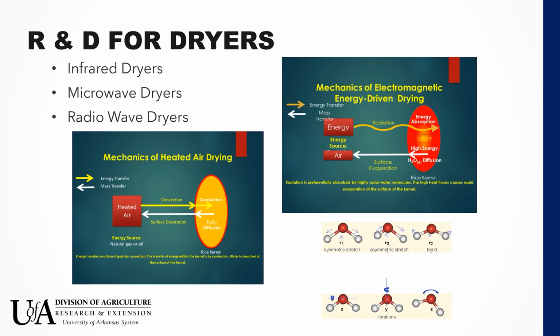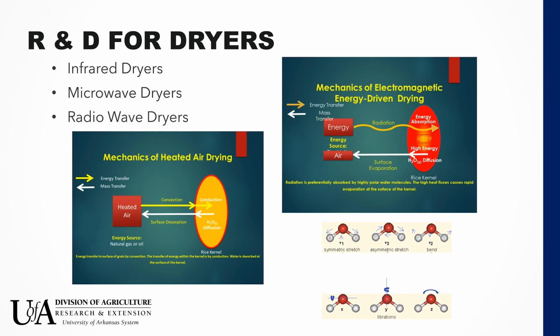We also want to combat things like development of mycotoxins by inactivating some of the pathogenic fungi. We want to minimize moisture content gradients. We want to take care of insects that could be within this rice. And because of that, we need to come up with techniques that can dissipate a significant amount of energy on that rice within a short time, but at the same time not compromise the grain quality.